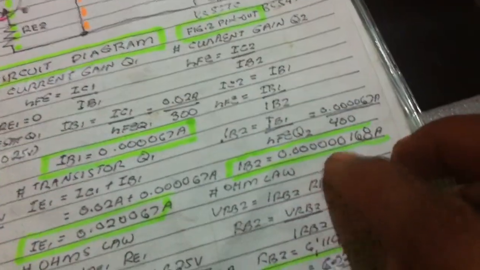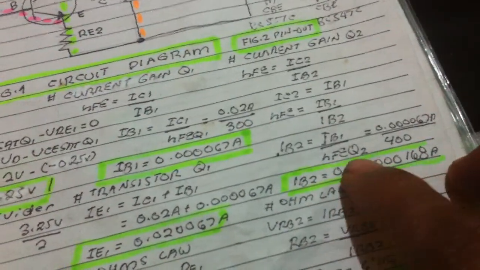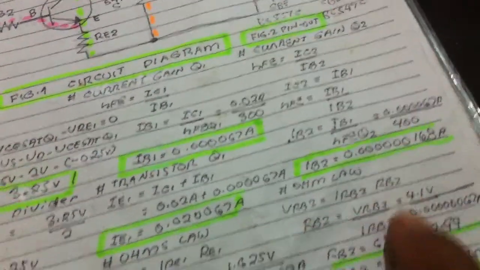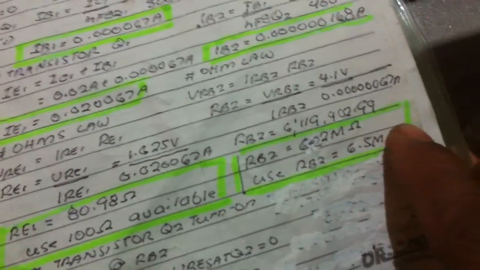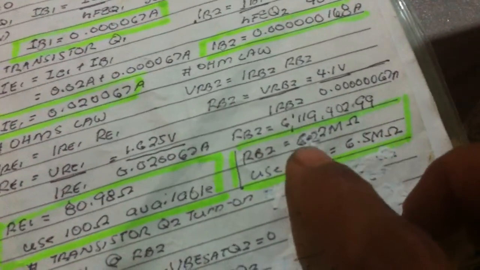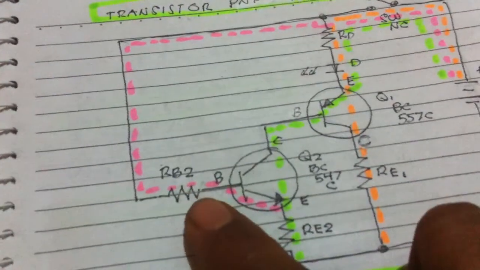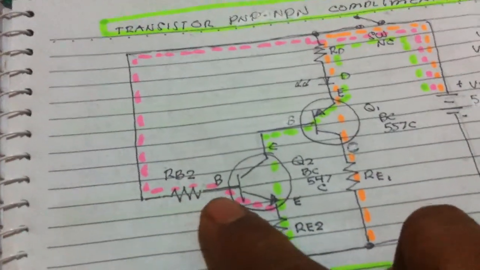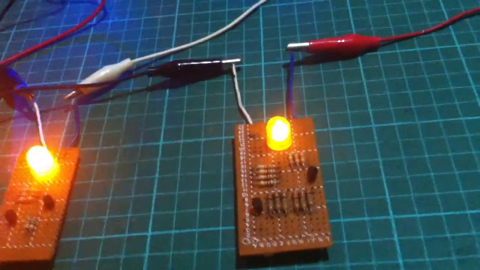By substitution, with hFE of Q2 at 400 from the data sheet and using Ohm's law, RB2 is now almost 6 million ohms, and I'm using 6.22 megaohms. It seems there's a very big resistance value here, but the circuit is working. That is our circuit.